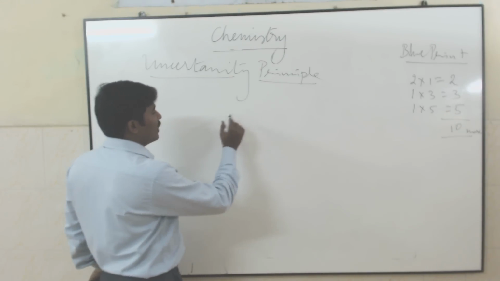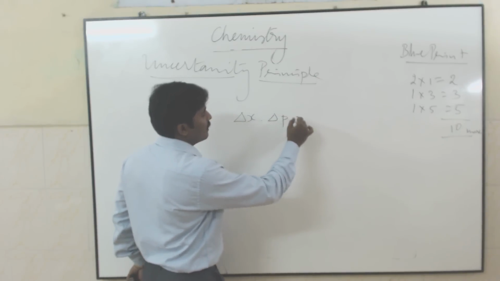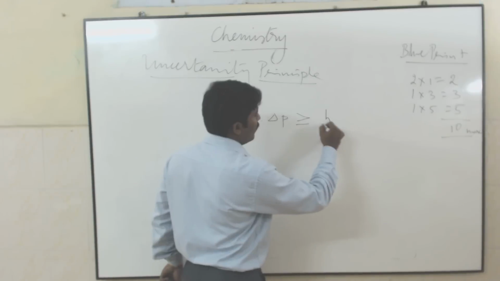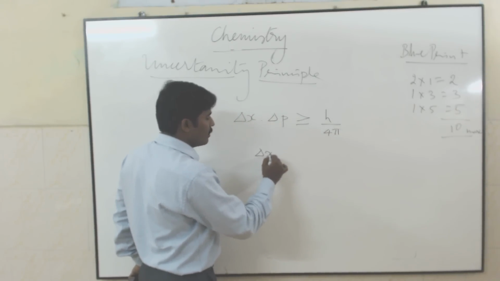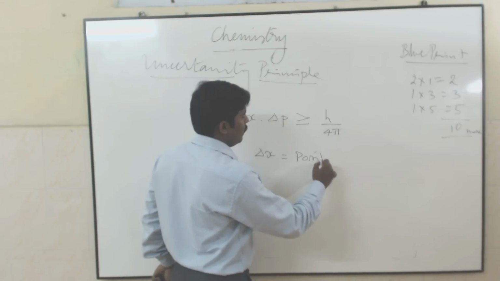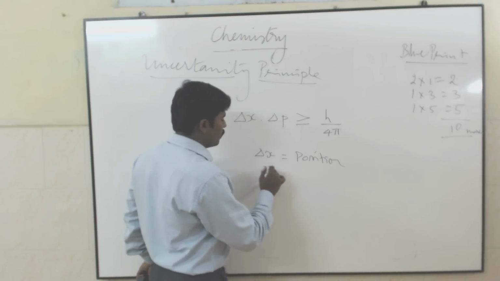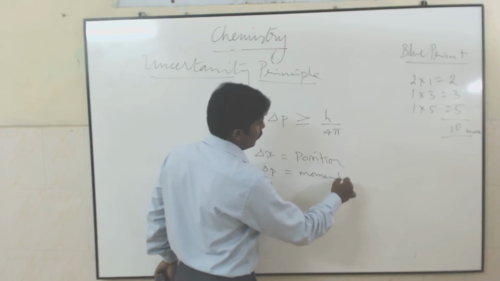Mathematically, the law is expressed as del x into del p is greater than or equal to h by 4 pi. Here, del x is the uncertainty in position of the particle. Here, del p is the uncertainty in momentum of the particle.